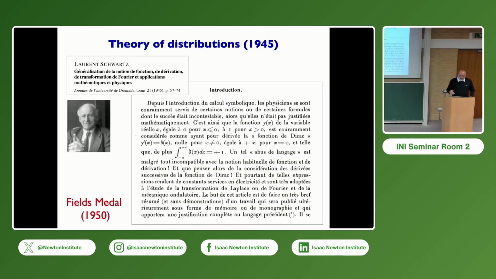And then in 1945, Laurent Schwartz publishes a paper which starts with a very emotional introduction. He says abuse of the language, and this is not a function, and it needs mathematical justification. Take a look here. Exclamation, exclamation.